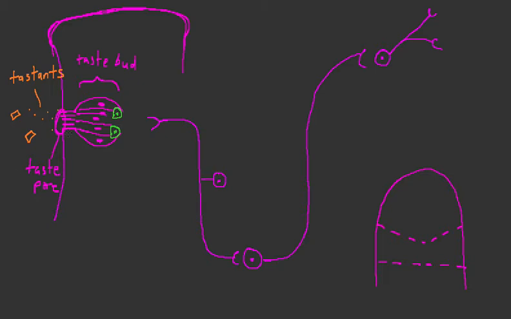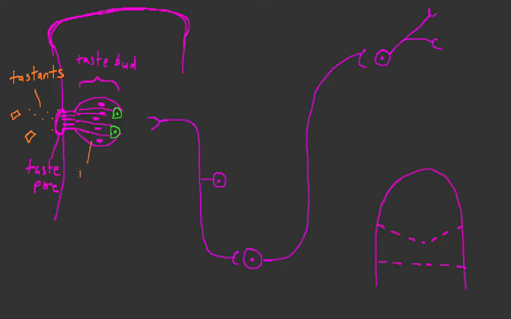These little extensions, these little hairs, are actually microvilli of the taste receptor cells that we'll talk about in a little bit. These are sometimes referred to as taste hairs, but we'll just call them microvilli, and they're part of the taste receptor cells.